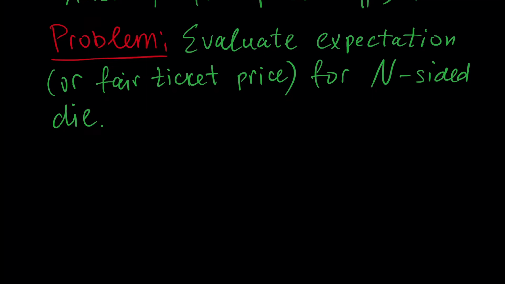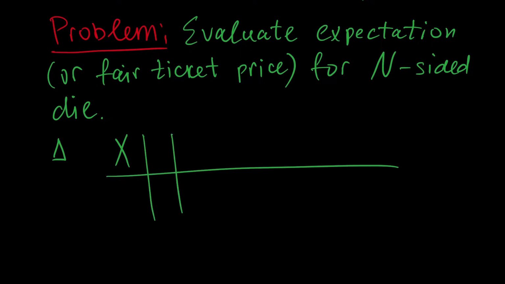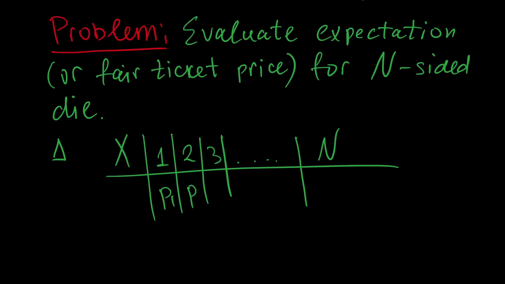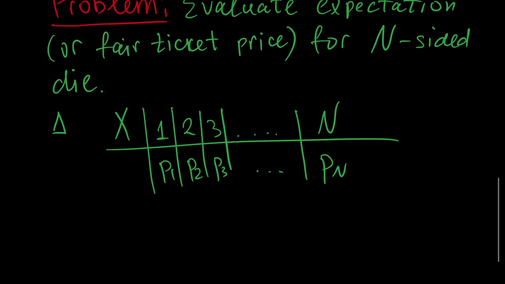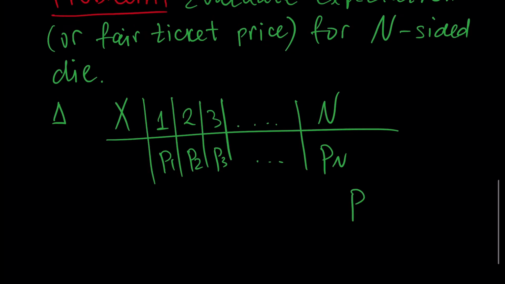In this case, let's begin our solution. Our random variable takes a different number of values, 1, 2, 3, and so on, up to n, with probabilities p1, p2, p3, and so on, pn, because we have a fair die, and the probability pi is 1 over n.